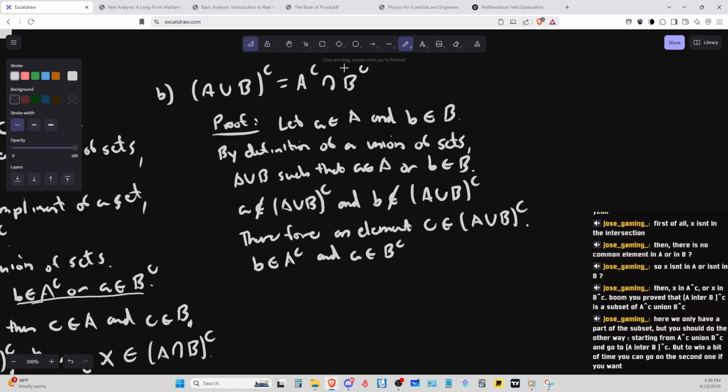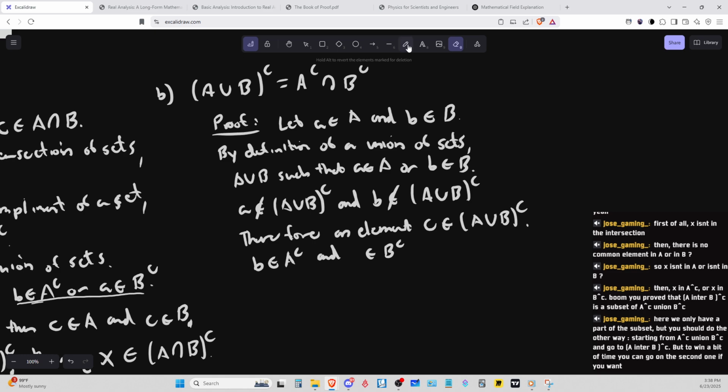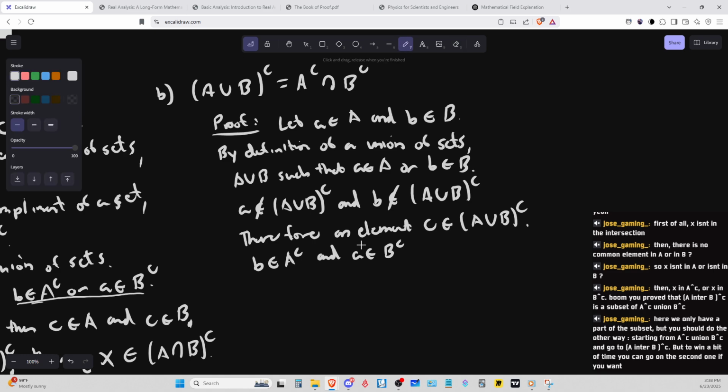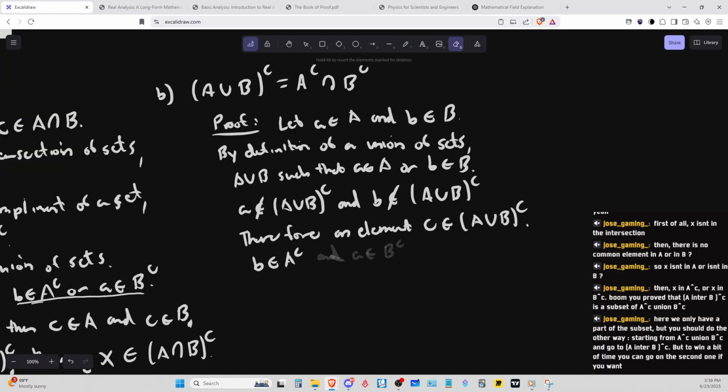Oh no, yeah, so it's an element. That means if we have an intersection of the two, let's erase this.